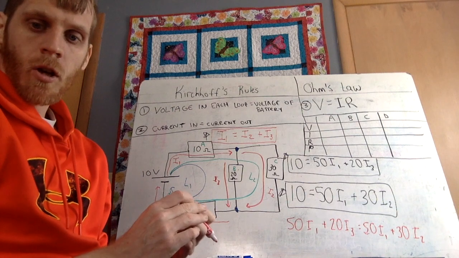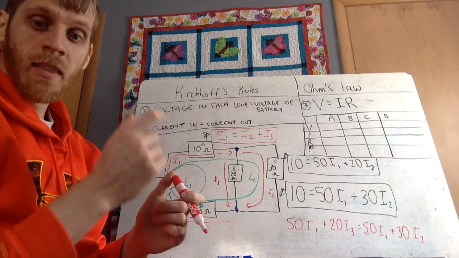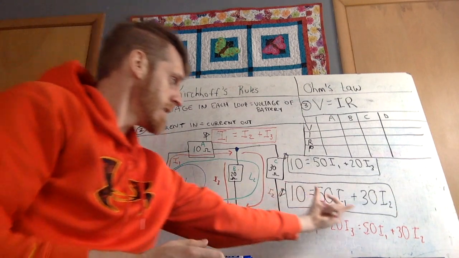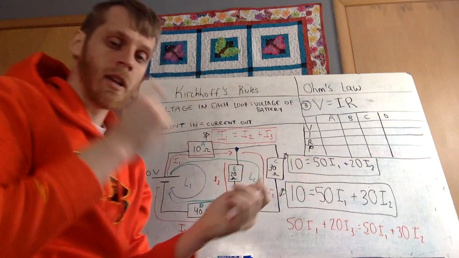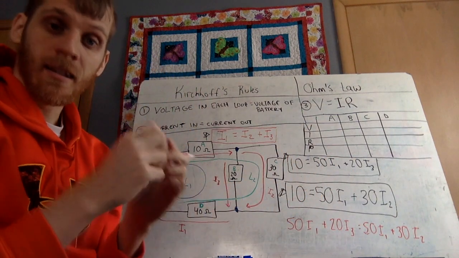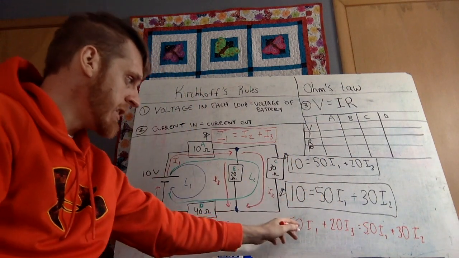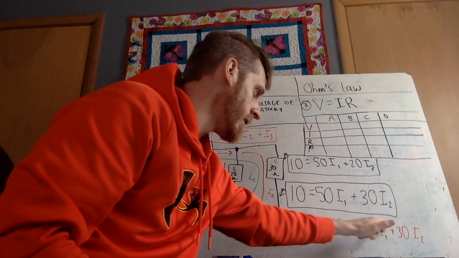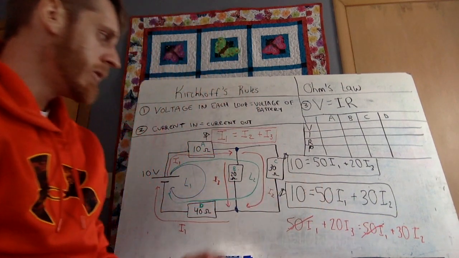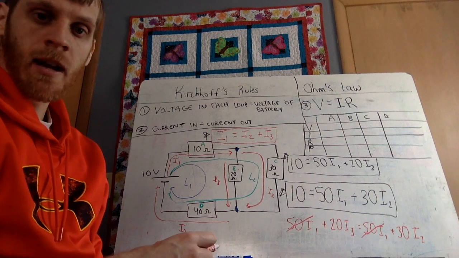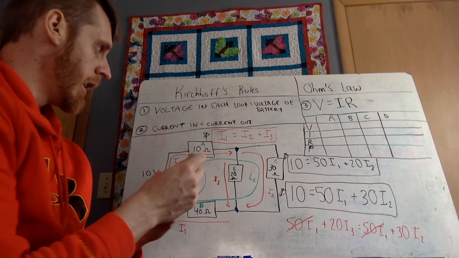The cool thing is that with this, I just set this part equal to this part because they both equal 10. Now with that, I can start to cancel some stuff out. 50 I1 equals 50 I1, those cancel out. So what I'm left with is 20 I3 equals 30 I2. So I'll write that down over here.